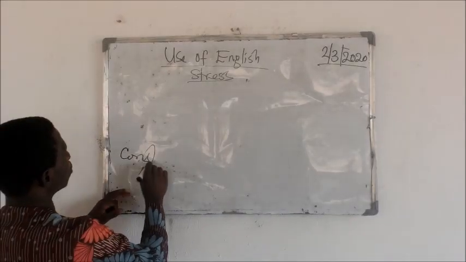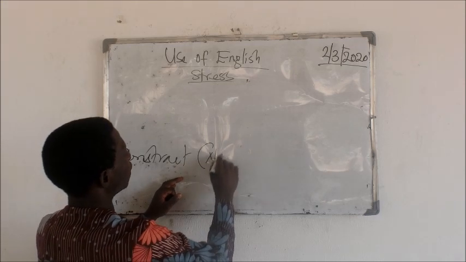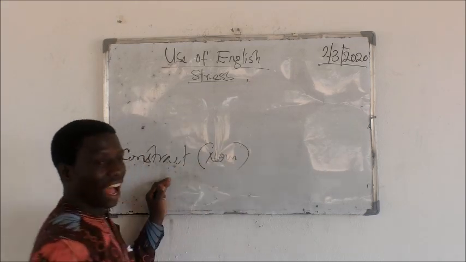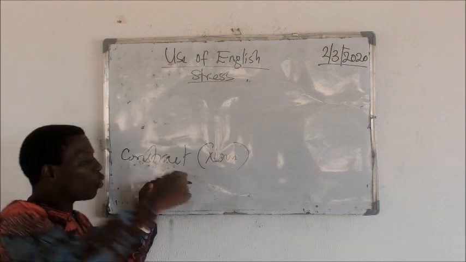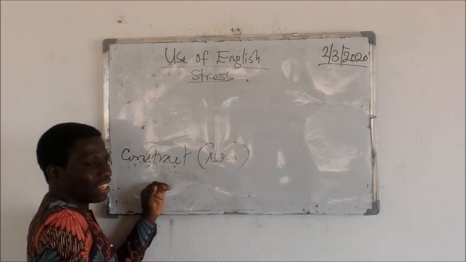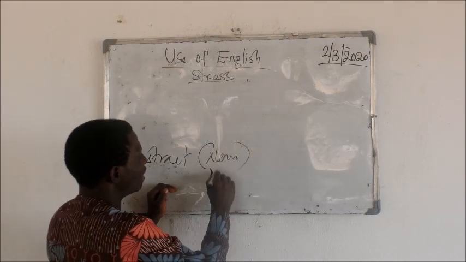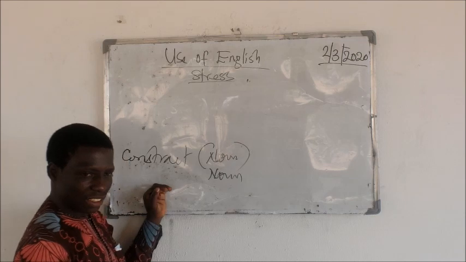You have your construct, and that word is noun. Are you getting it? The noun. So this noun word must construct another noun, that it must go in exchange of another noun word.